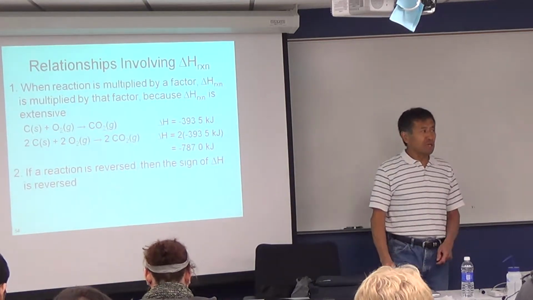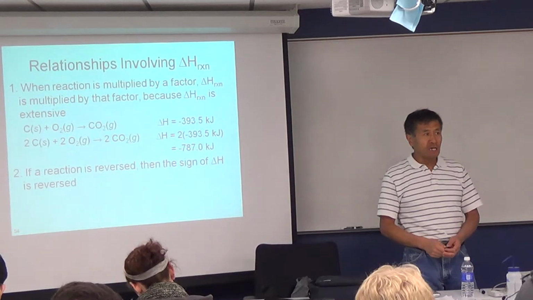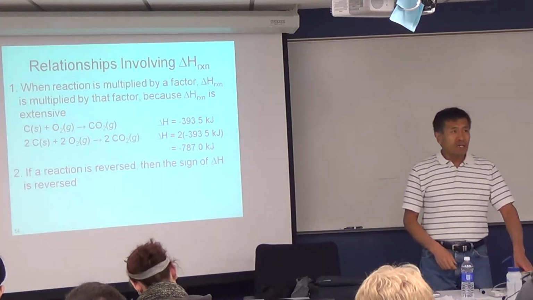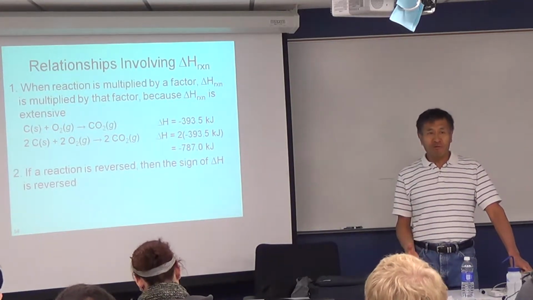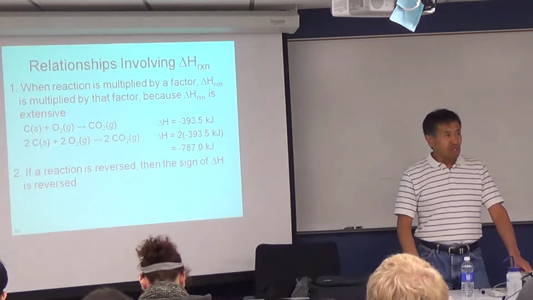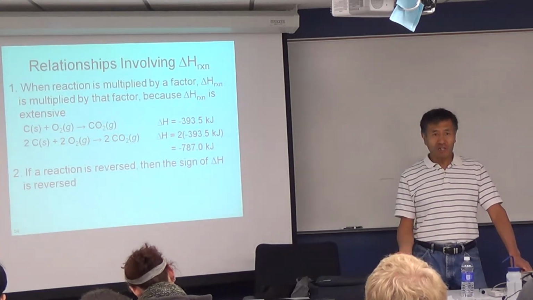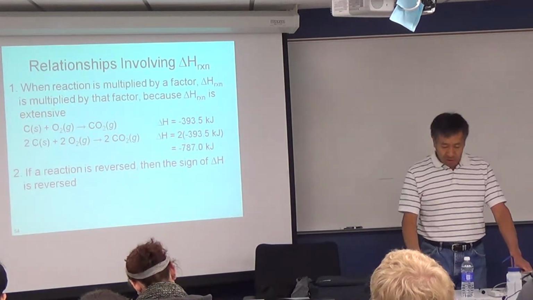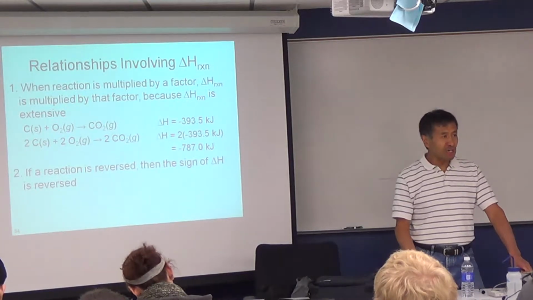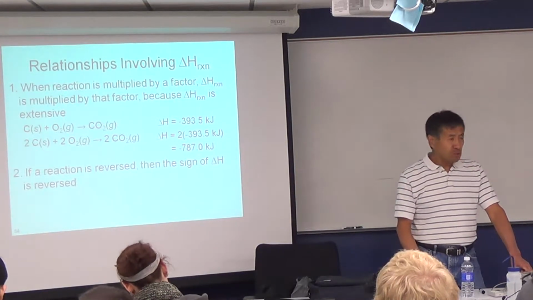So that is one step, and you can simply invert or reverse. If you do that, you will keep the same number for the delta H, but switch the sign. So if you have a positive delta H initially, once you reverse, your delta H for the new equation will be negative, and vice versa.